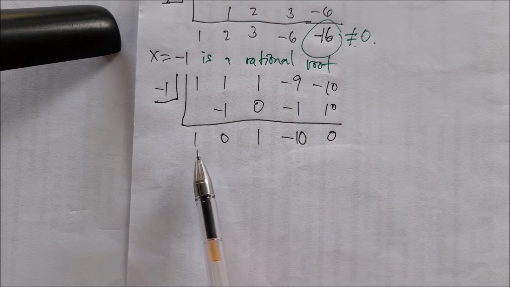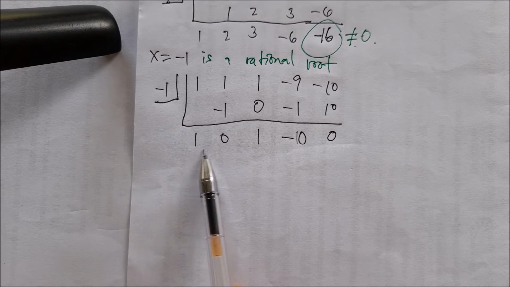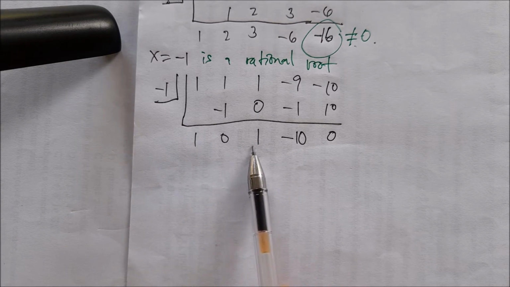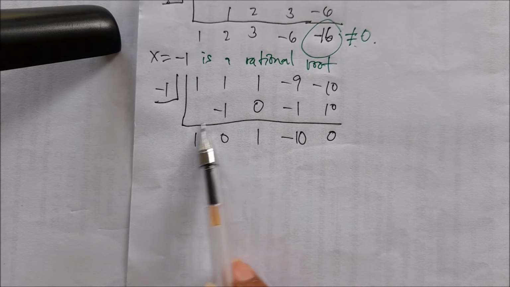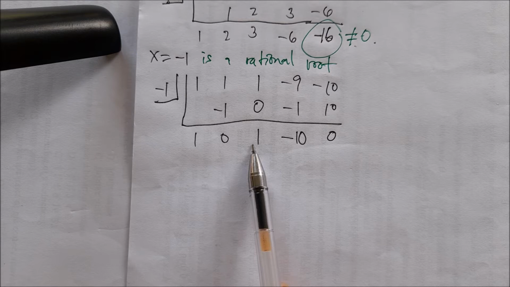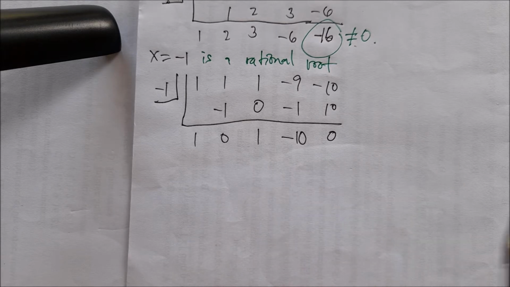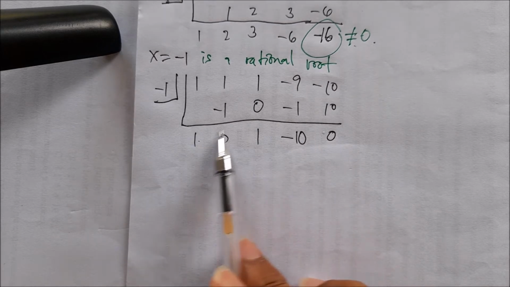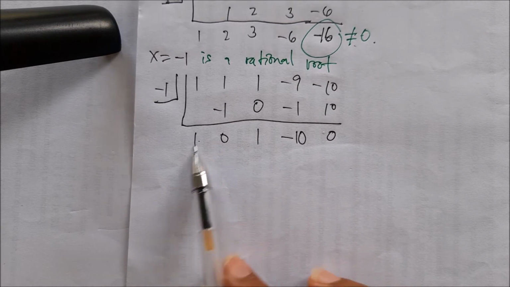Since there are only 4 remaining coefficients in the quotient, it means the quotient is already a cubic equation. Continue finding another rational root until the quotient becomes a quadratic equation.